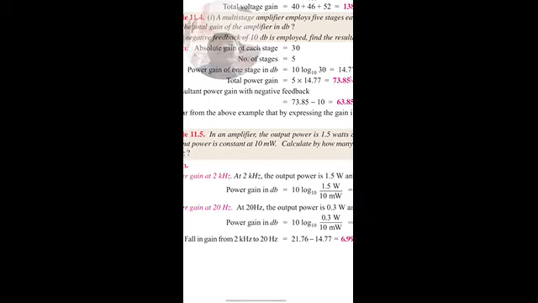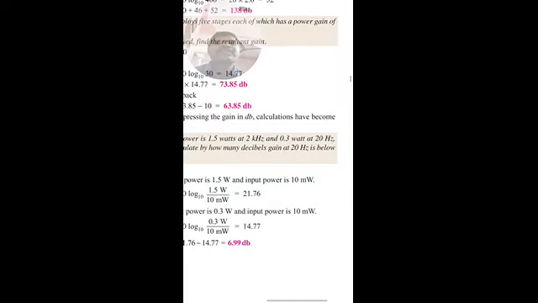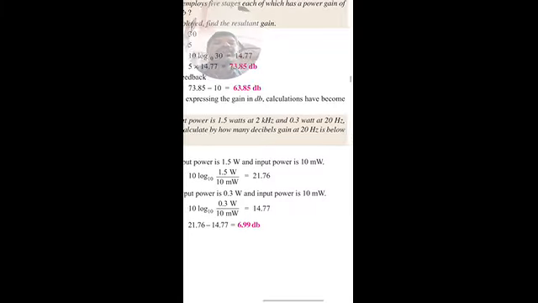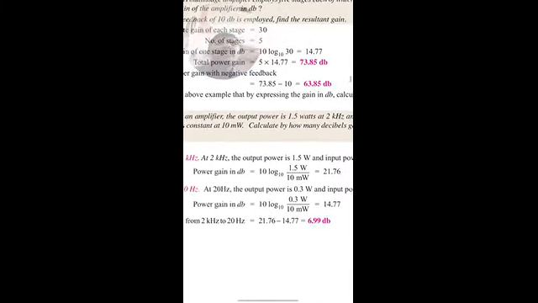The gain from 2 kilohertz to 20 hertz: when the frequency is decreasing from 2 kilohertz to 20 hertz, gain falls. So how much gain is falling from 2 kilohertz to 20 hertz? That is the difference of gains, 21.76 minus 14.77, it is 6.99 dB.